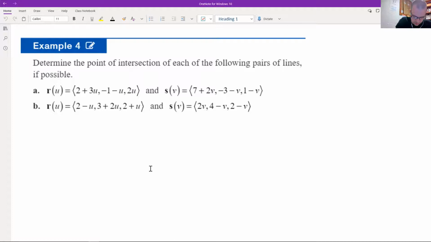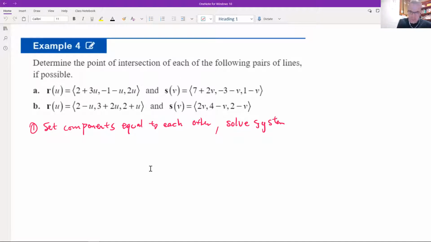The idea is set components equal to each other, solve system. And that'll be using elimination, substitution, Gaussian elimination, if you know how to put it into an augmented matrix.